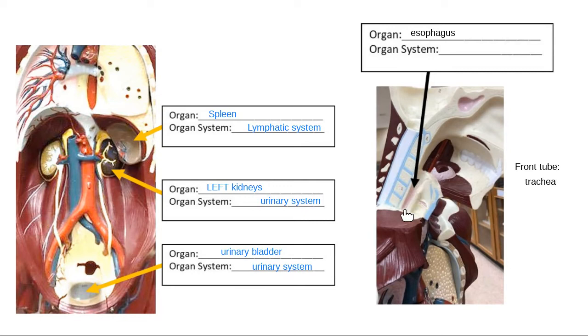When we talk about the esophagus, what organ system is that part of? What organ system is the esophagus? Exactly. It's my favorite system, right? It's the digestive system. Absolutely. There is actually a little bit of bacteria that even lives in the esophagus.